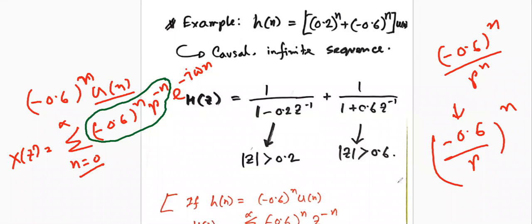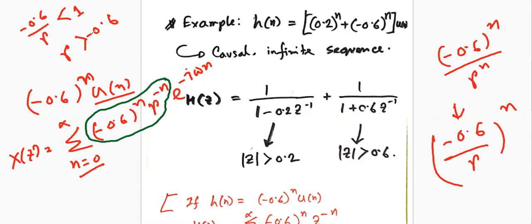If we start with that, minus 0.6 divided by r should be less than 1, and in that way we can find that r should be greater than 0.6 in modulus.